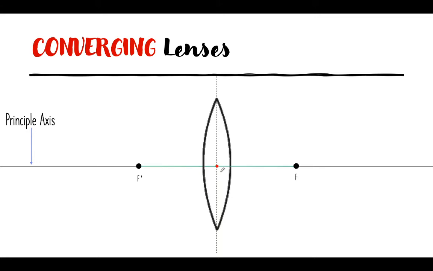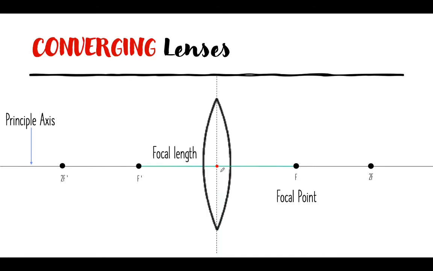On the right side, you've got F, just F. On the left side, you see an F and then an apostrophe. That is because you are talking about F prime. When I'm referring to F prime for the rest of this video, I'm referring to the F apostrophe that's on one side of my lens. F is still the focal point, and the distance between the optical center and F prime, and the distance between the optical center and F, are both the focal length.